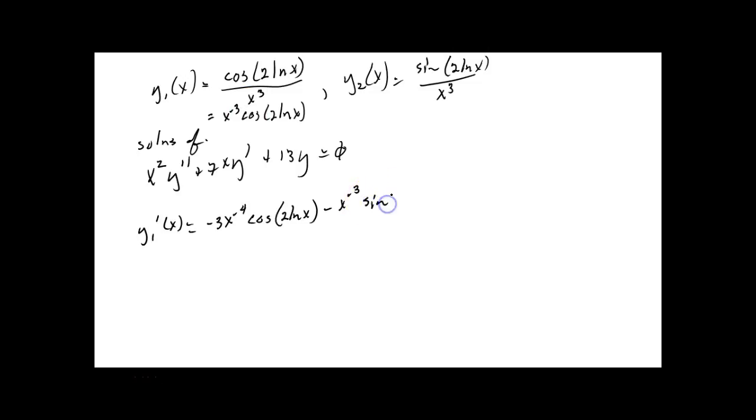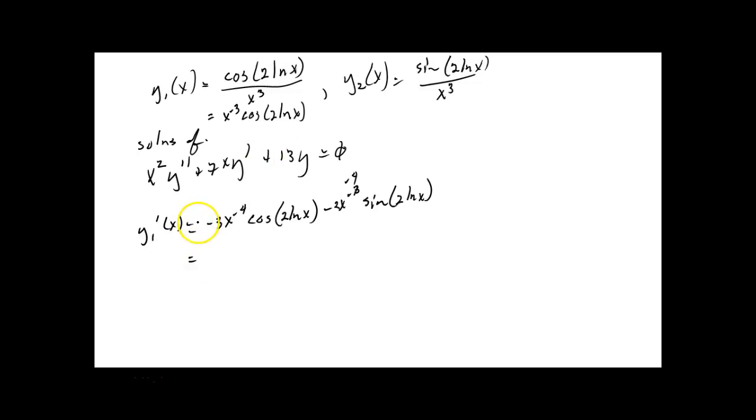Sine of 2 log x. But then we have chain rule, okay? And derivative of 2 log x is 2 over x. So we'll have a 2 here and another x in the denominator, which brings this up to minus 4, right? Because that would be over x cubed, and then another one would be x to the 4th. Well, what does that turn out being?